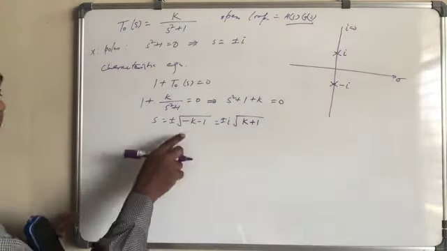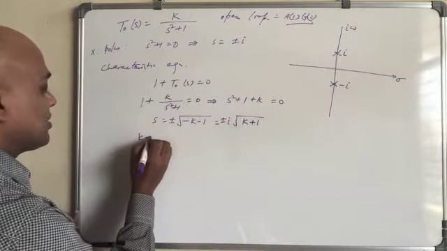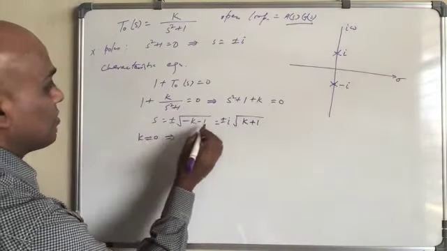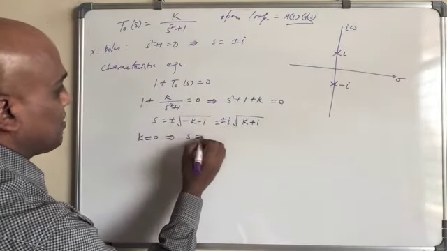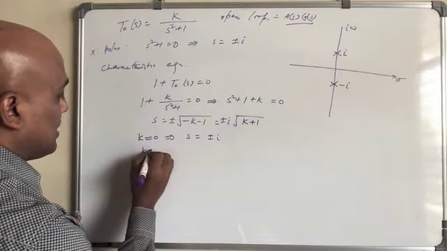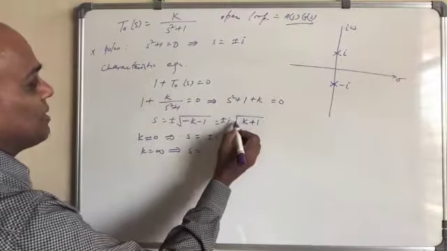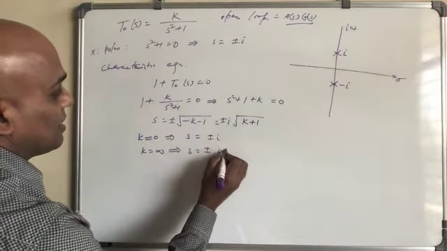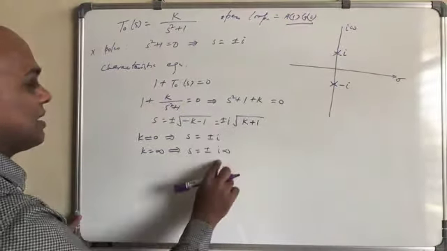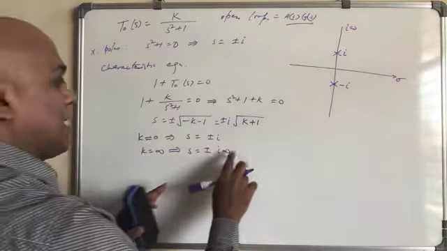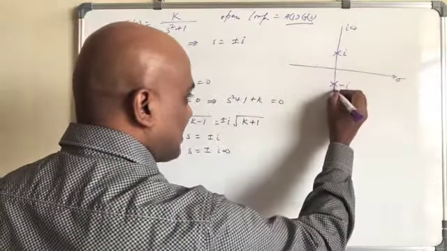K equal to 0 means S equal to plus minus i. K equal to infinity means S equal to plus minus i infinity, right? Put infinity here. So what happens? This is going to move this way.